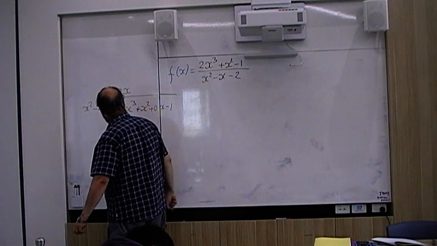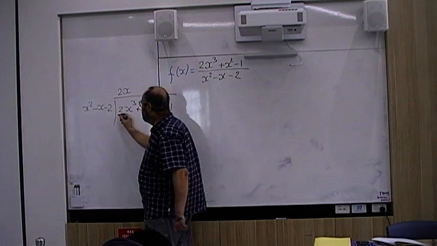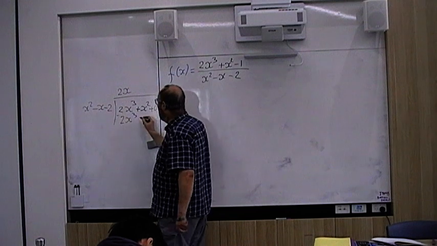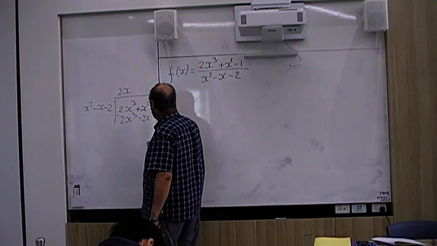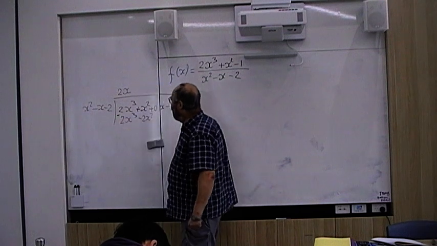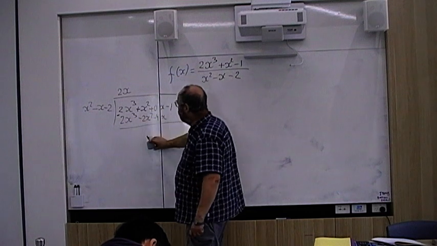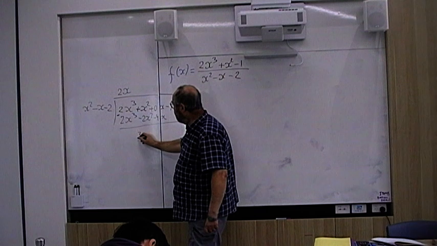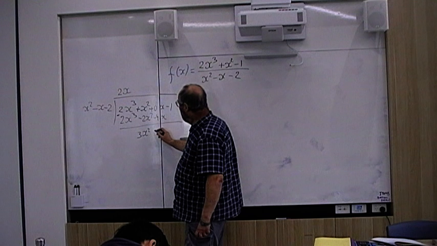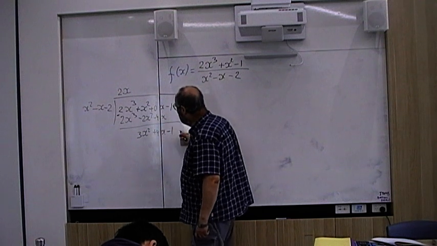We have 2x, multiplying this by x squared minus x minus 2, we have 2x cubed minus 2x squared, and minus 4x, and then we subtract. We get 3x squared plus 4x minus 1.